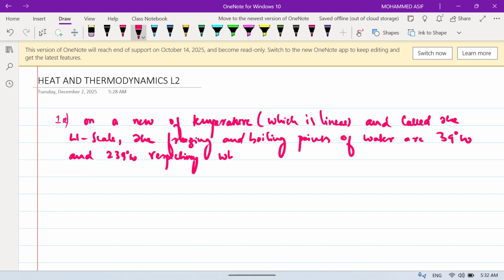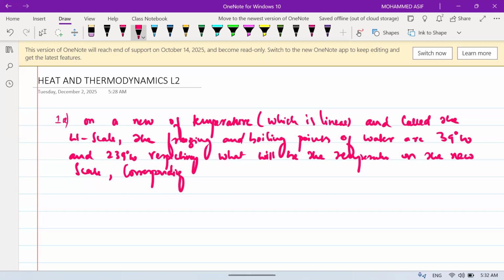What will be the temperature on the new scale corresponding to a temperature of 39 degrees Celsius on the Celsius scale?